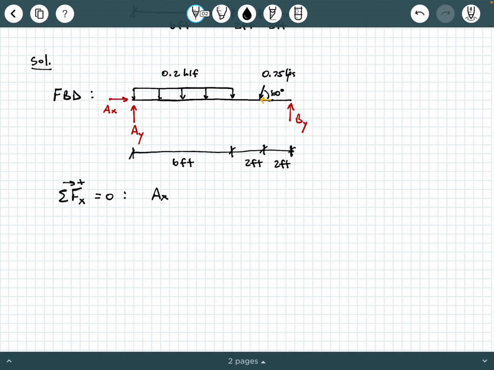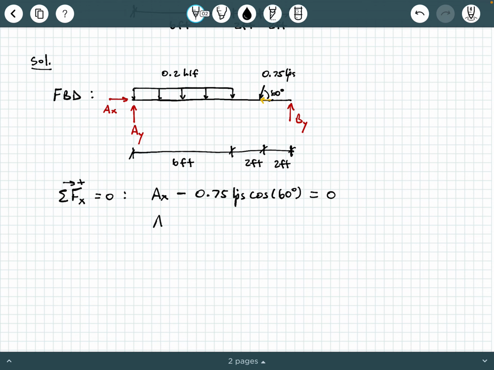We're going to include that in our equilibrium equation by saying minus 0.75 kips times the cosine of 60 degrees equals 0. And that cosine of 60 degrees is what gets us the x component of this 0.75 kip vector. And then, of course, BY is vertical, so it does not have an x component. That's why there's no sign of BY in this equation.